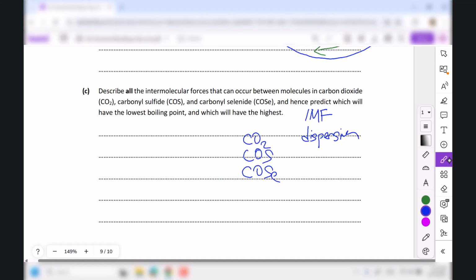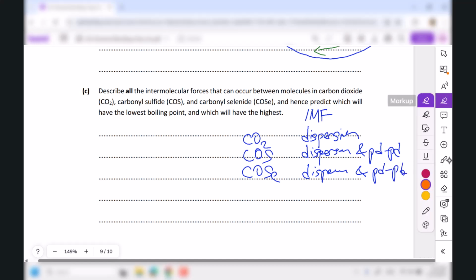For COS, because there's a dipole moment, net dipole. Okay, so I'm going to put it as dispersion as well as PD-PD. Okay, same case for COSe, dispersion and PD-PD.